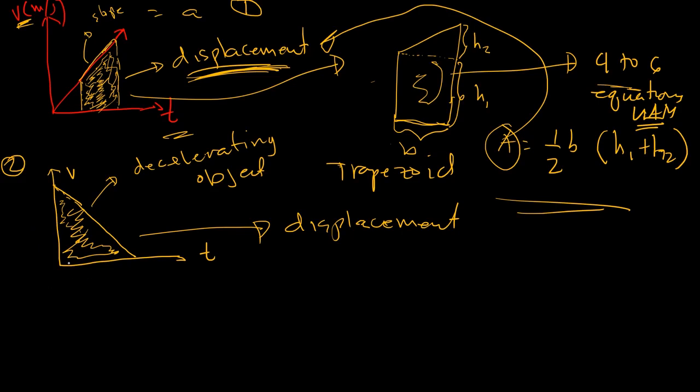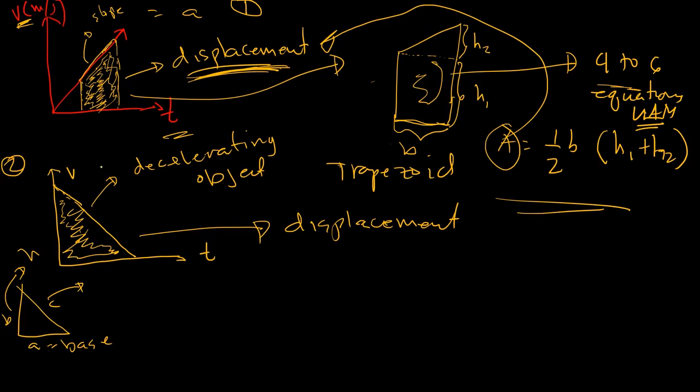And as we all know, this is a right triangle. This is A, this is B, and this is C. Or, shall we say, this is the base, this is the height, and this is the hypotenuse of the triangle.